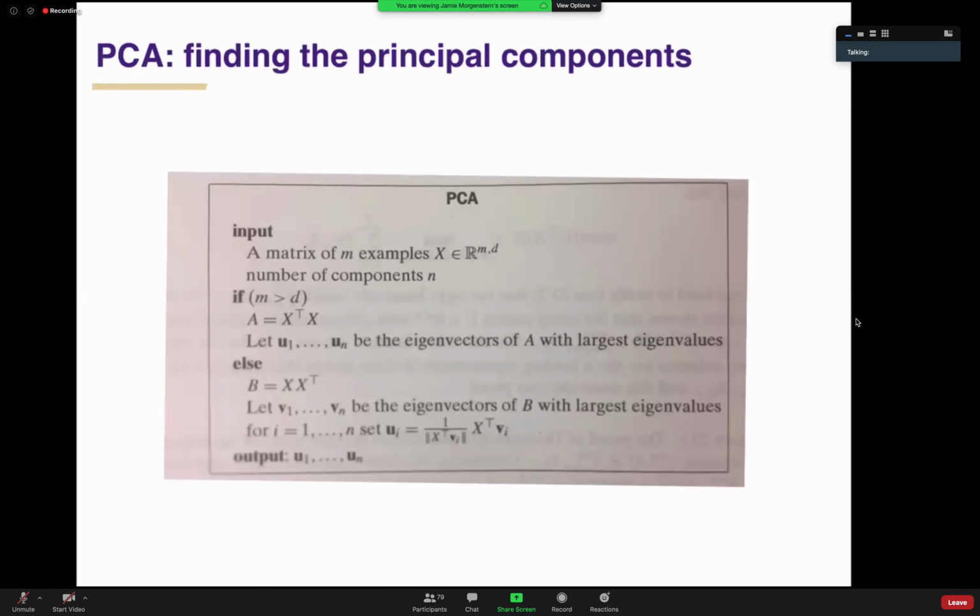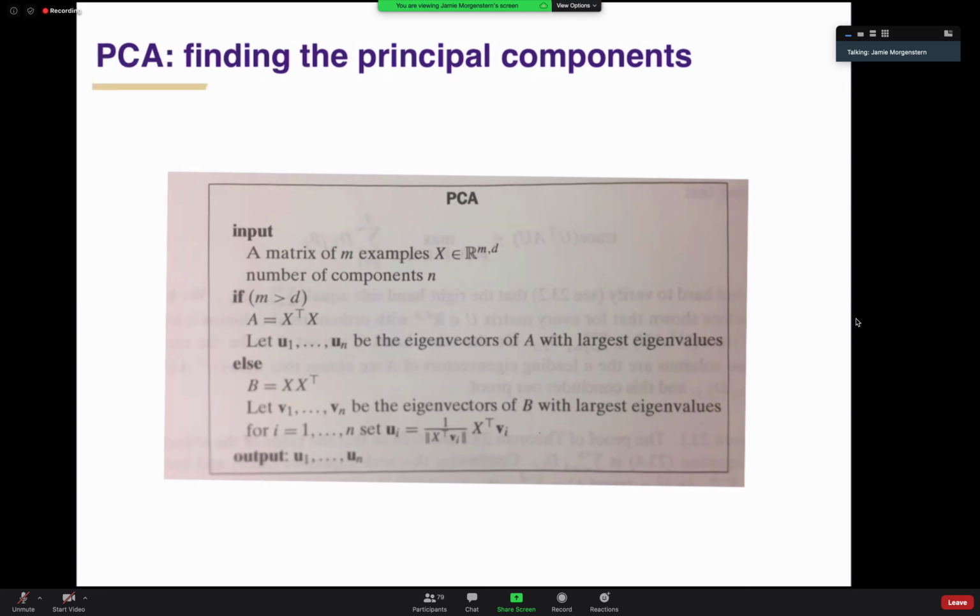Okay, so this is kind of the lazy person's version of how to draw a slide, but PCA basically just says, okay, we have a data set. We're going to look at the covariance matrix and find the largest eigenvalues, right?